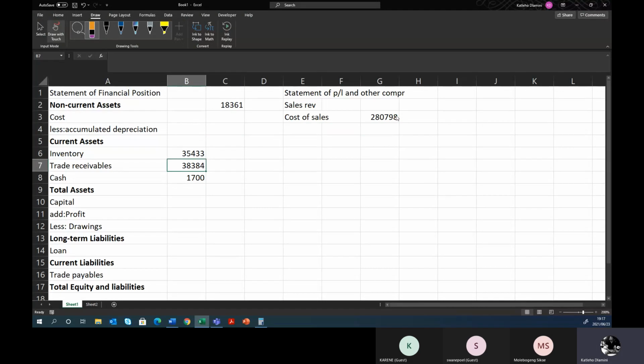Okay, receivables. My receivables, if I'm remembering correctly, 38,384. Is that the allowance that they put in there?